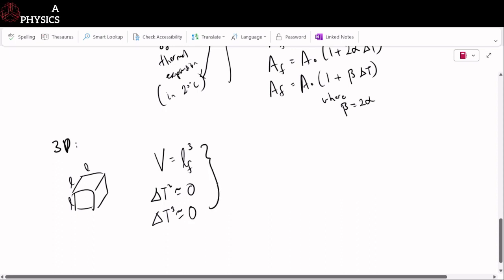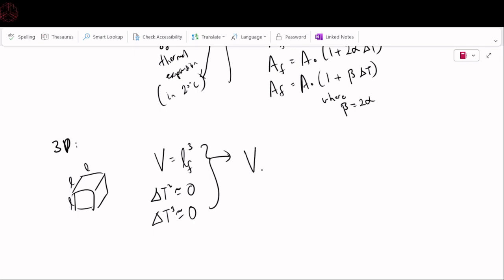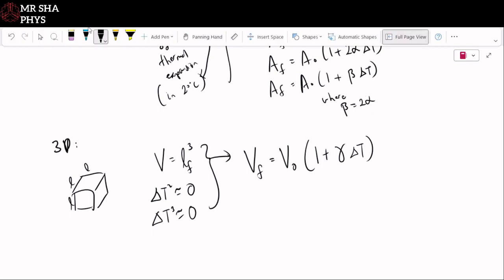Okay, and what you'll get from here is that the final volume is equal to the original volume times 1 plus gamma delta T. I went from squares and I got 2 in the earlier case. So if I go to cube, there's a high chance I'll get 3 alpha instead.